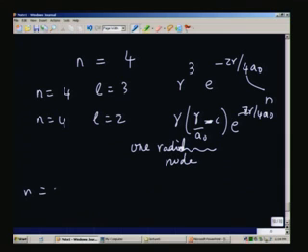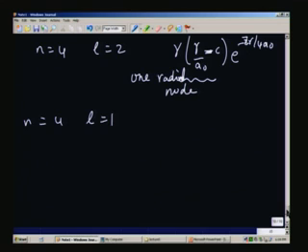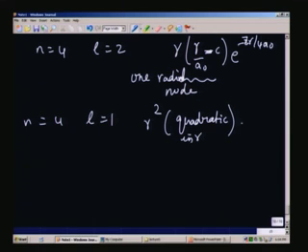For n equal to 4, L equal to 1, when you do the mathematics and expand the Laguerre polynomials rightly, it is r square times a quadratic in r multiplied by e to the minus z r by 4 a naught, 2 radial nodes.